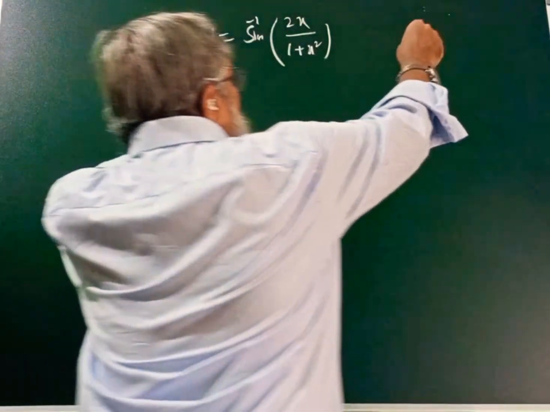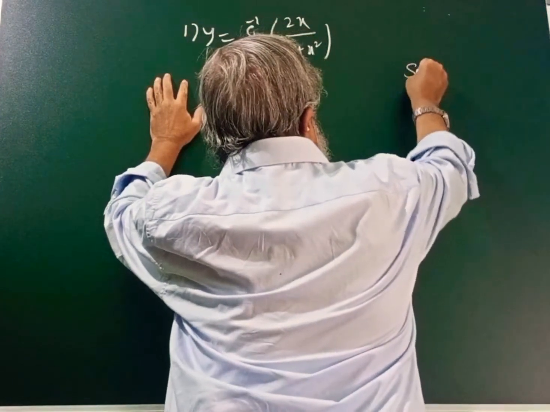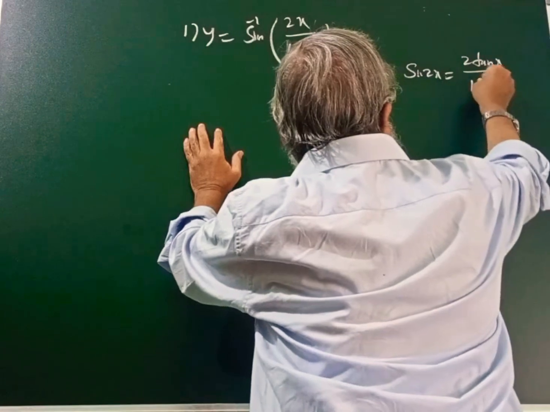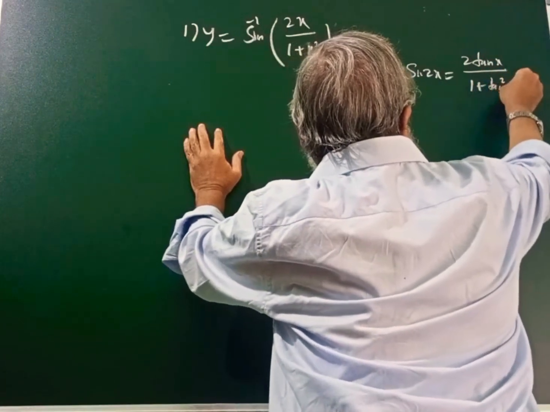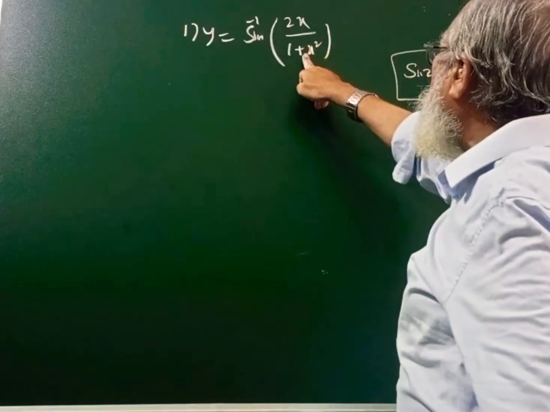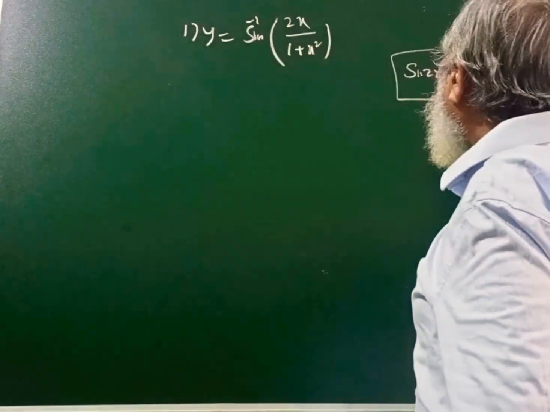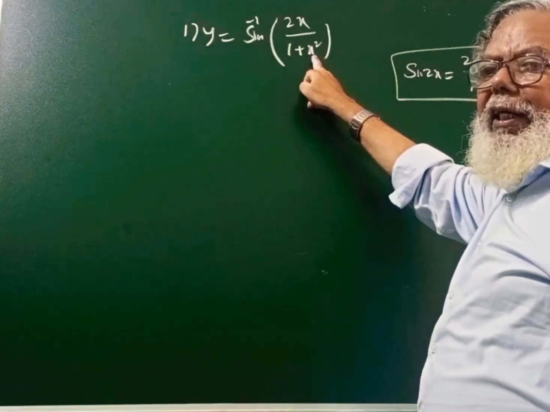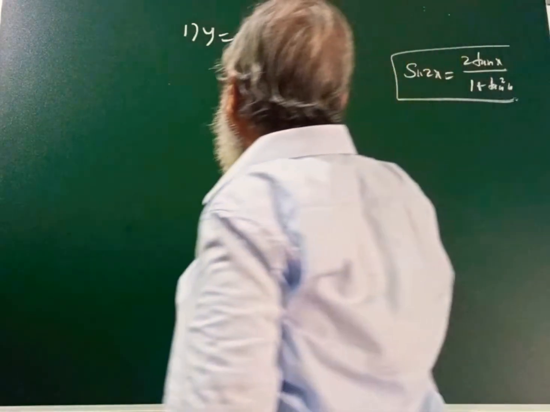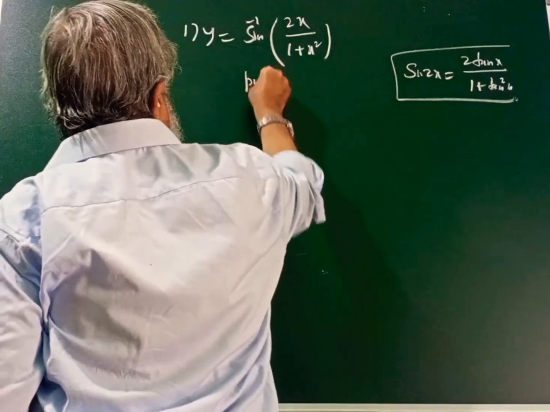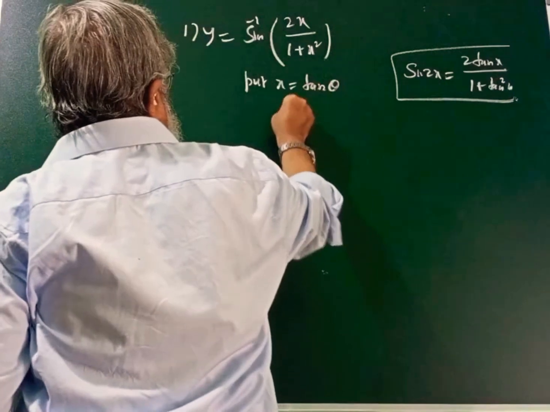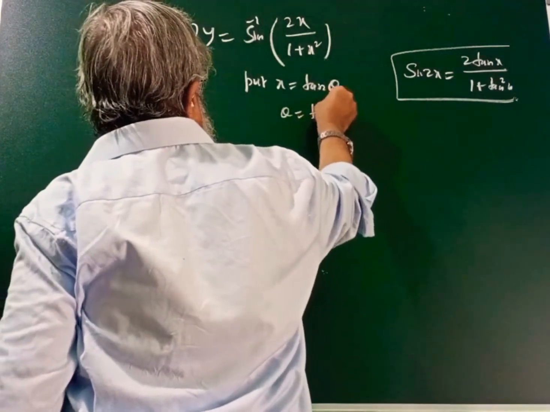Here we know the formula sine 2 theta is equal to 2 tan theta by 1 plus tan square theta. Keeping this formula in mind, compare 2x by 1 plus x square with it. Automatically you understand that our substitution is to put x is equal to tan theta. Therefore theta is equal to tan inverse x.